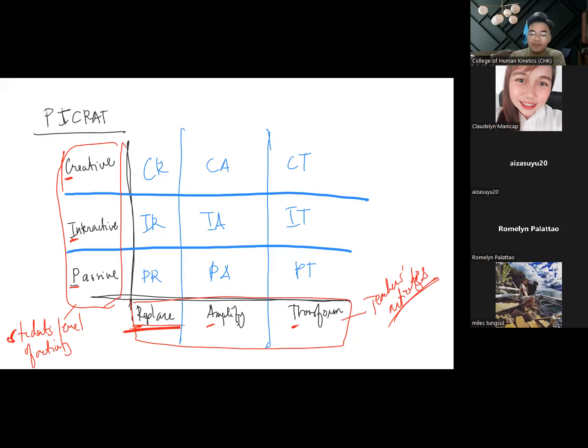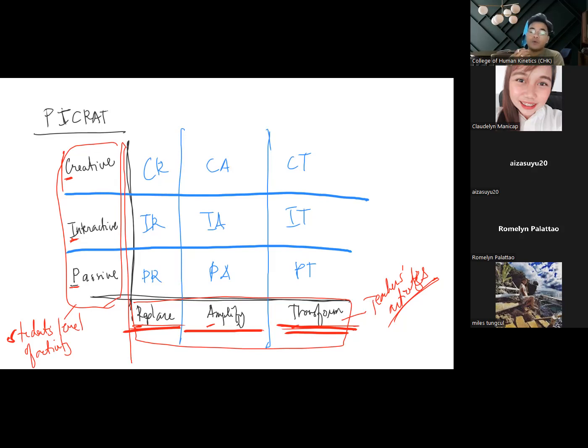Etong amplify, medyo augmentation ito or modification. Pagdating sa transform, ito na yung tinatawag nating redefinition. So, kung yung y-axis natin, ito yung sa student's level of activity. On the other hand, ito namang nasa x-axis natin, ito yung ginawa ni teacher.